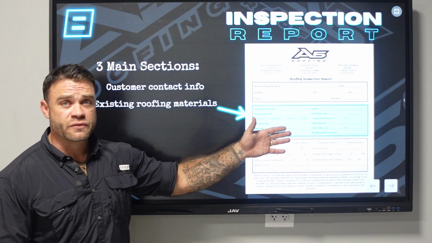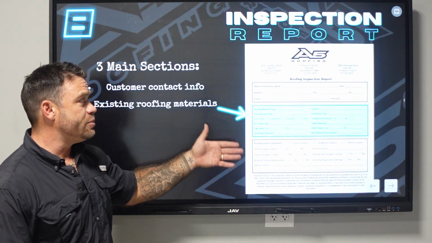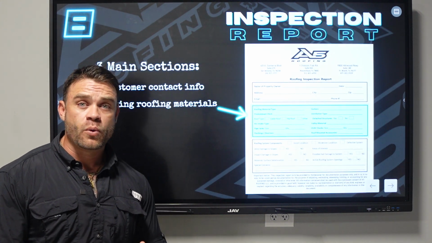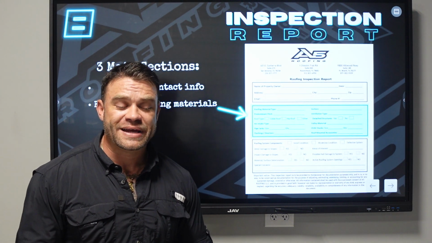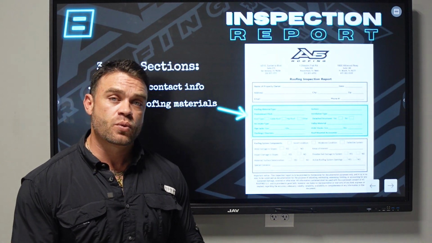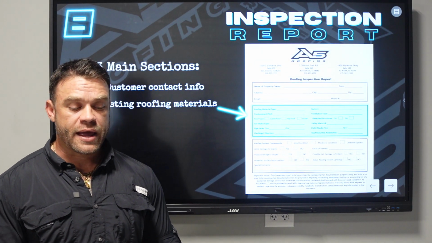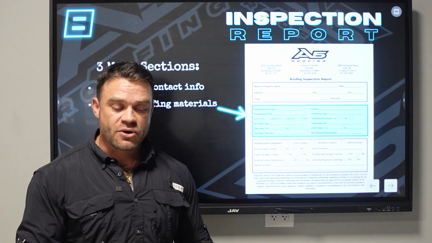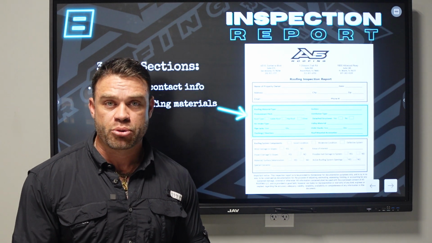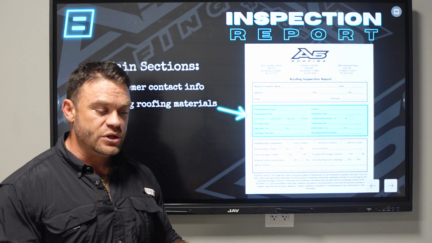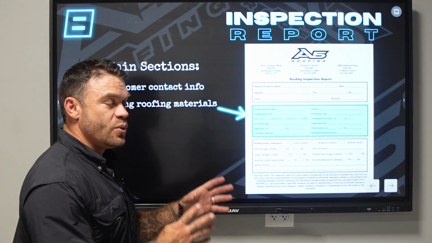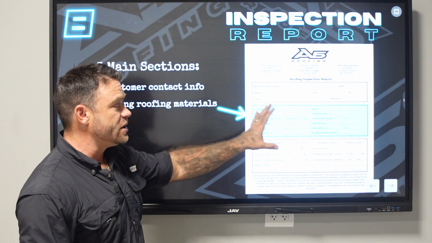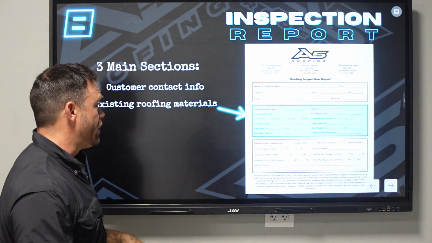The second set of information here on the page is going to be what actually exists on the roof now, making sure that we are taking caution in writing down exactly what's on the roof and what the roof is made of is going to help us in our effort to create estimates later on for the customer. It's also going to help us in our construction practice, and we are going to really know that what we're doing is what needs to be done. That's what exists on the roof, and it gives us a clear indication of how to proceed forward.